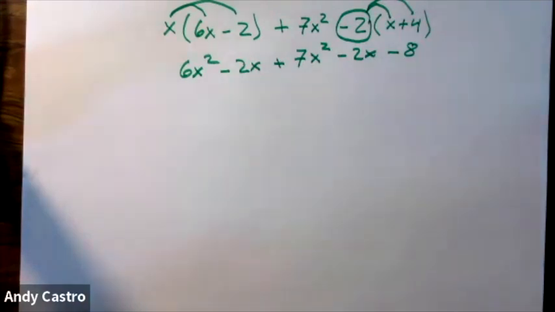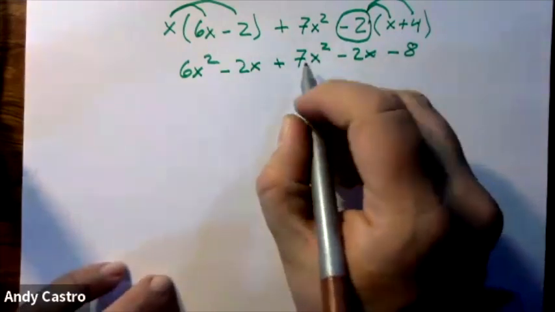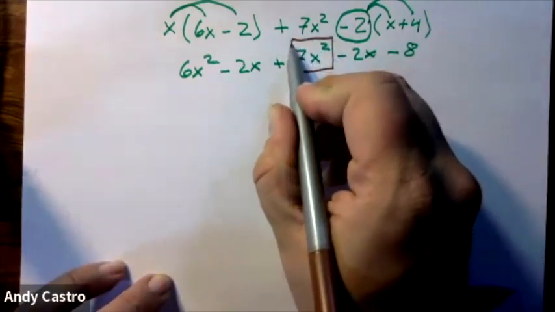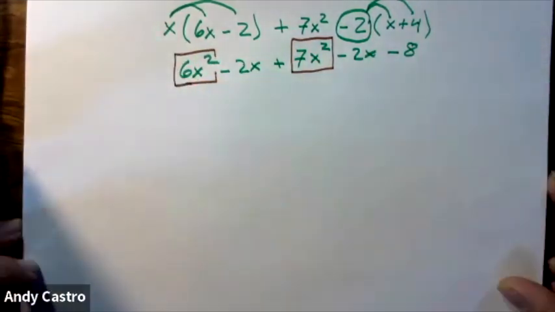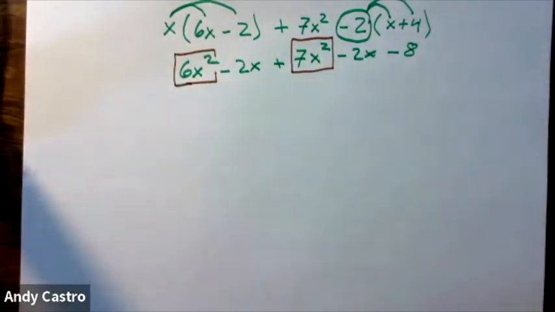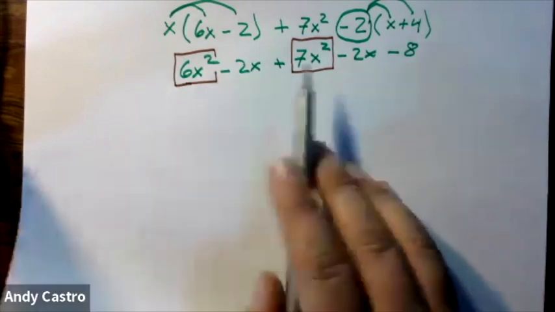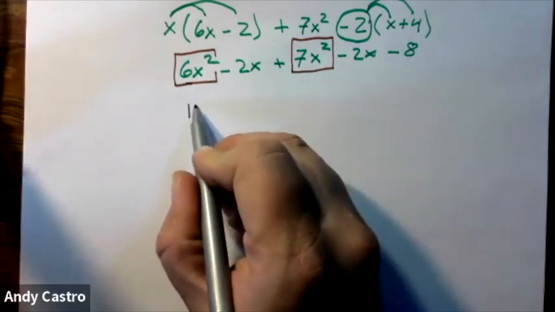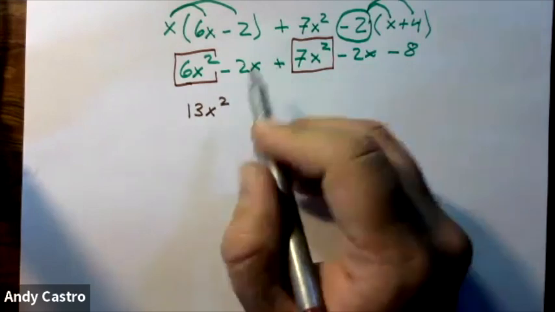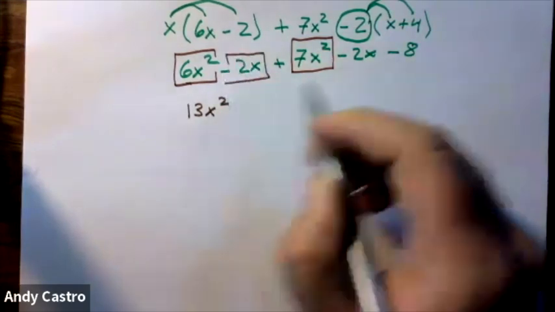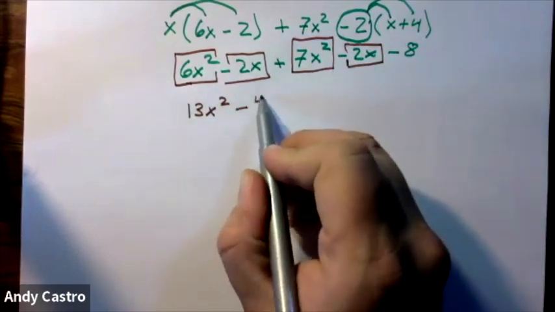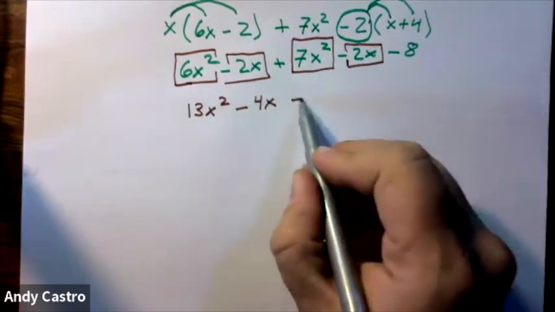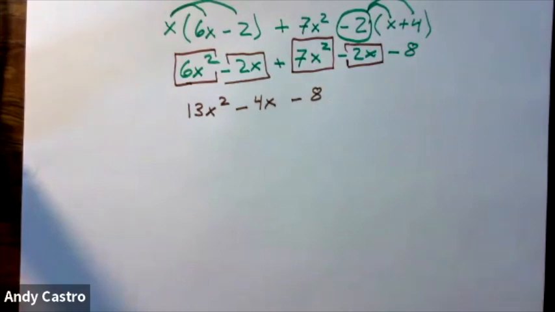Then here we could see that we have a couple of terms that are common, or like terms: same variable, same exponent. We can combine those, positive 6 and positive 7, 13x squared. Then -2x, -2x, that's a -4x, and then my -8.